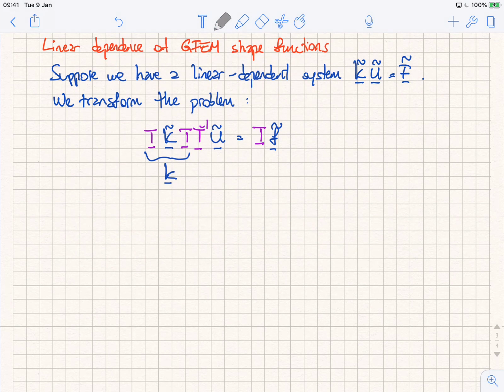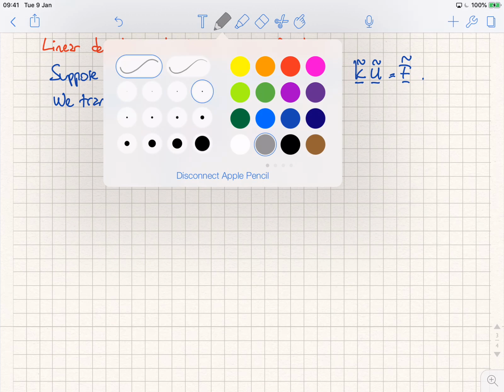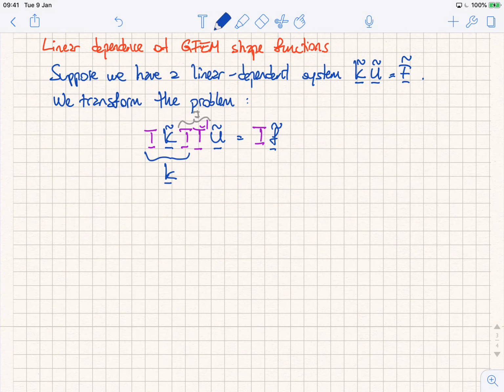You know already T, T minus 1 is equal to the identity matrix, so the transformation is valid, right? So this whole thing I call U, and this whole thing I call F. So this is my transformation.